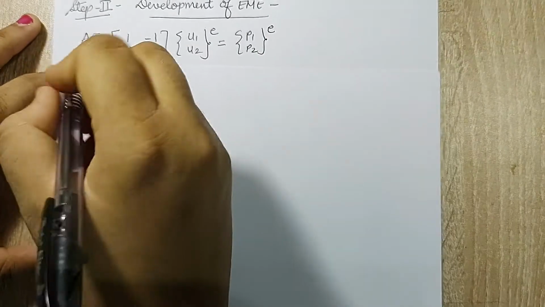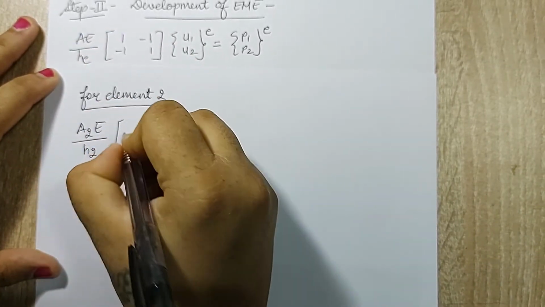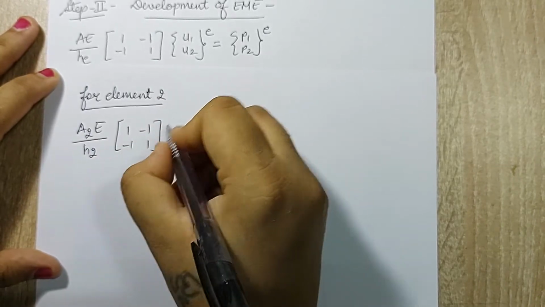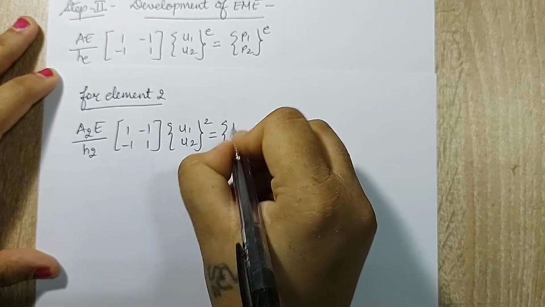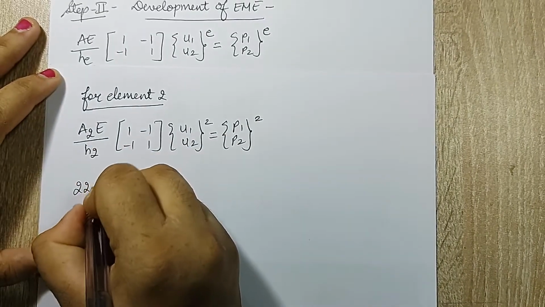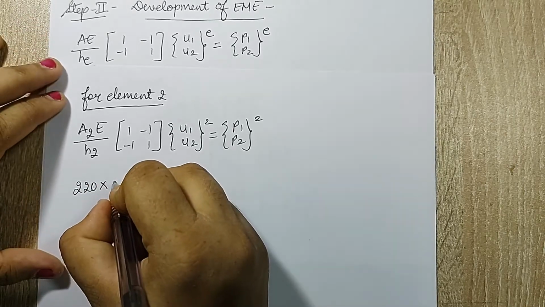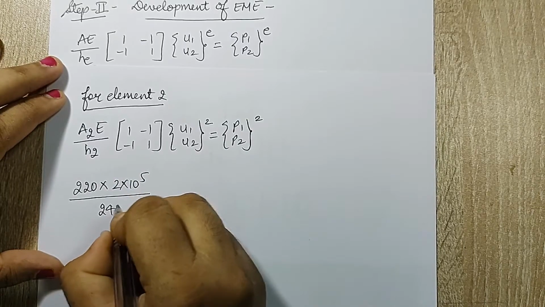Next I'll go for element 2, A2 E upon H2. A2 is given as 220. E is given as 2 into 10 raised to 5, which is common. Length is 2400.